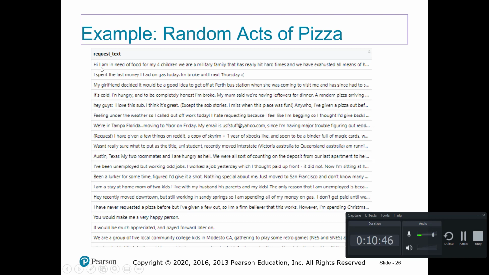Here are some examples of the requests. I did some sentiment analysis on this, relating to whether people were ultimately awarded a pizza. Would it be better to give an I'm angry at the world sort of plea, or an I'm happy sort of plea? I was looking at what sort of plea would actually result in a free pizza.